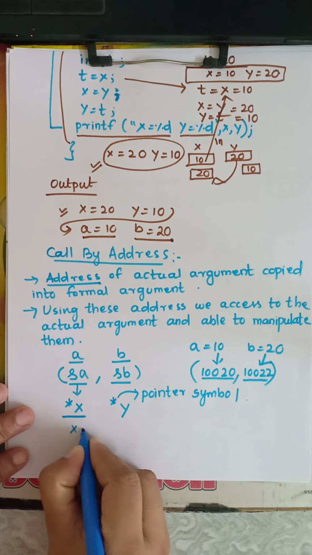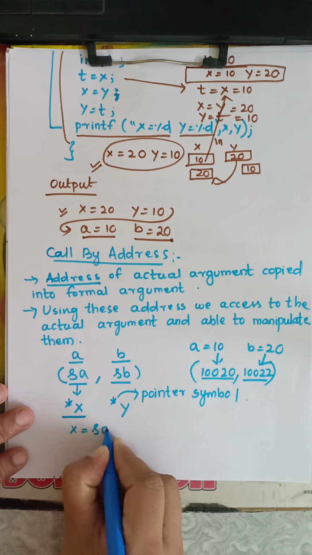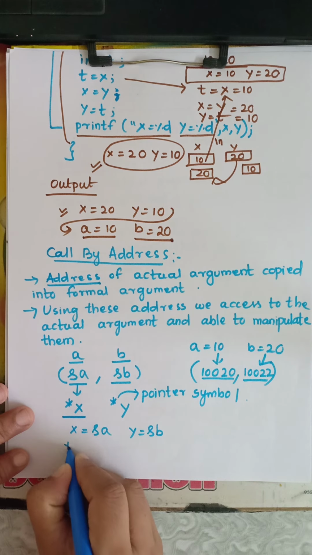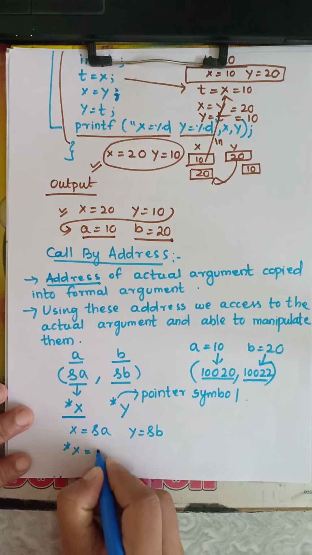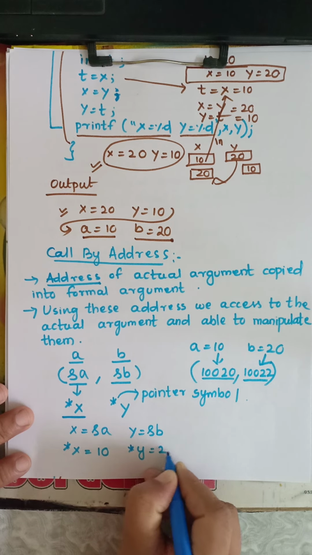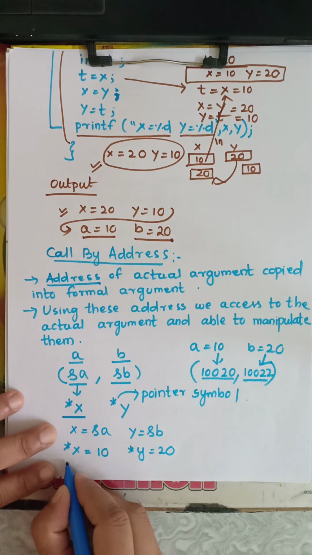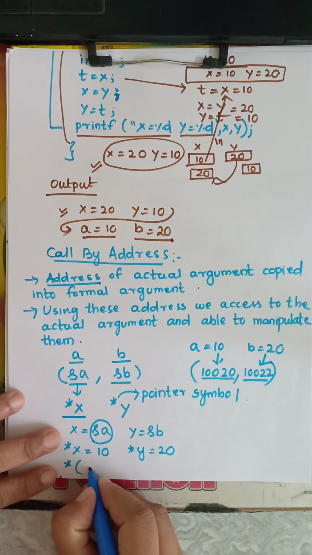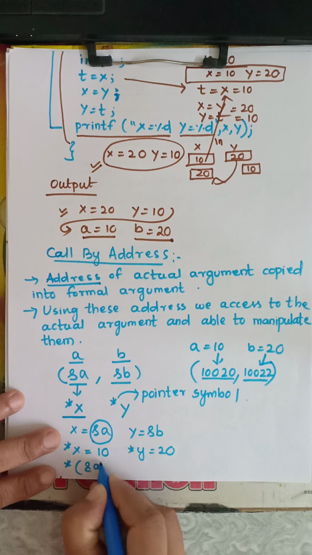Okay, so x equals the address of a, y equals the address of b, and a equals 10 and b equals 20. If I write asterisk x, then the value is ampersand a.